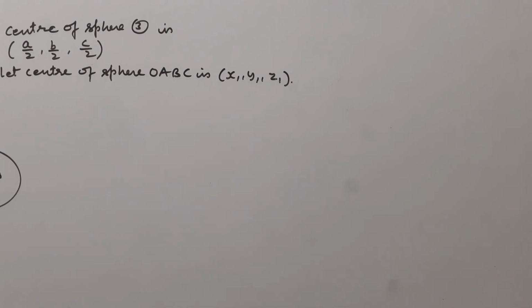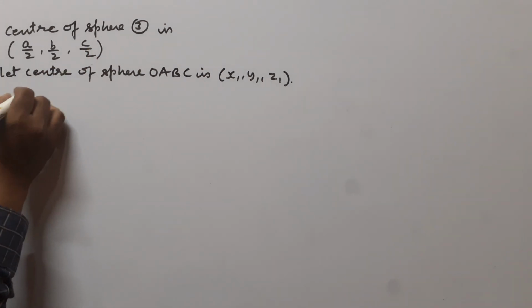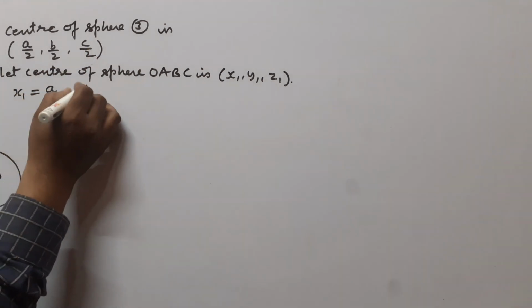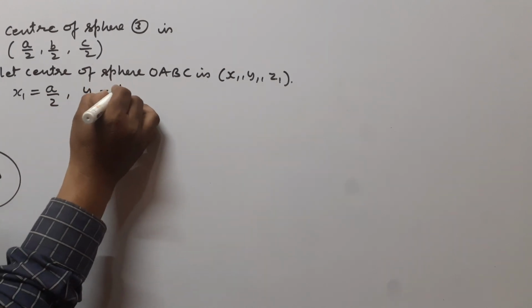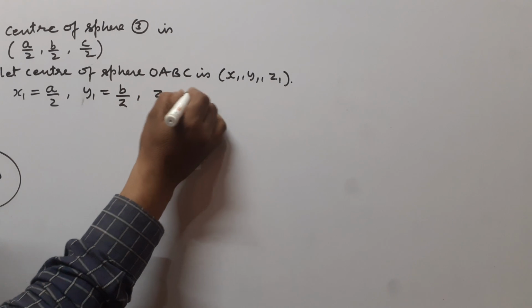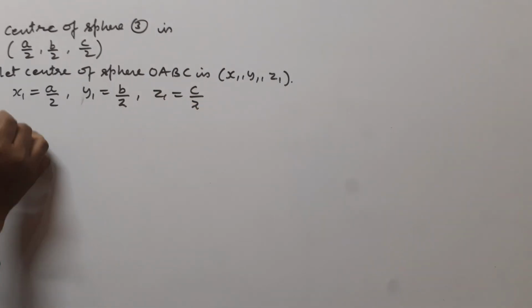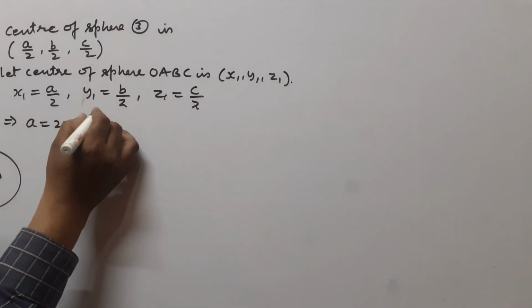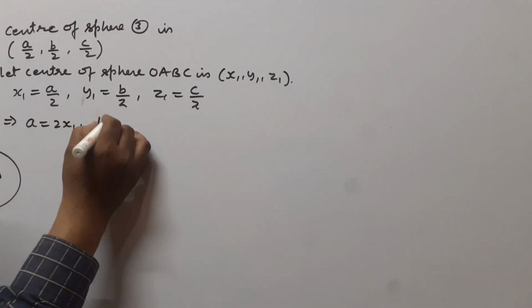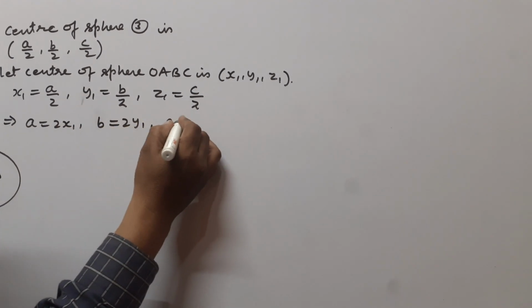We know that the center of this sphere is (a by 2, b by 2, c by 2). That means x1 is equal to a by 2, y1 is equal to b by 2 and z1 is equal to c by 2.